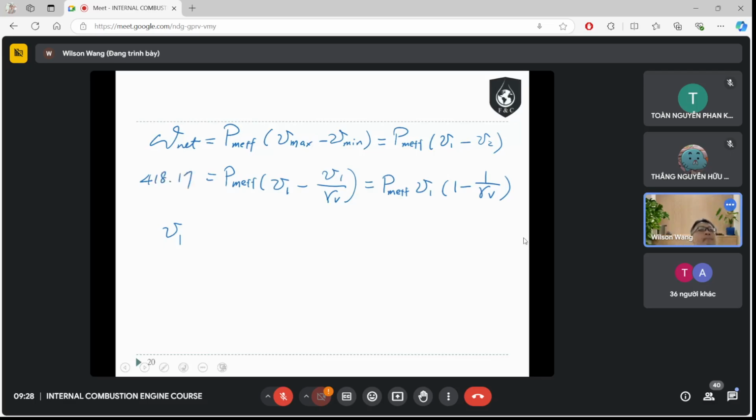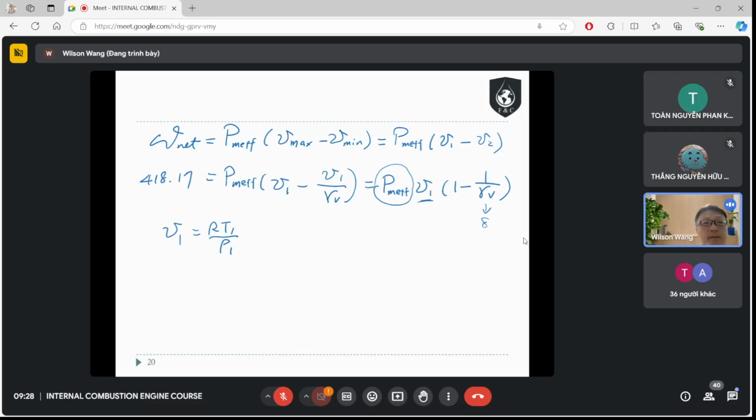Okay. So I want to calculate this. I need to find V1 because I already know the compression ratio is 8. So V1 is RT1 by P1 based on the ideal gas law, right? P1 V1 equals RT1.